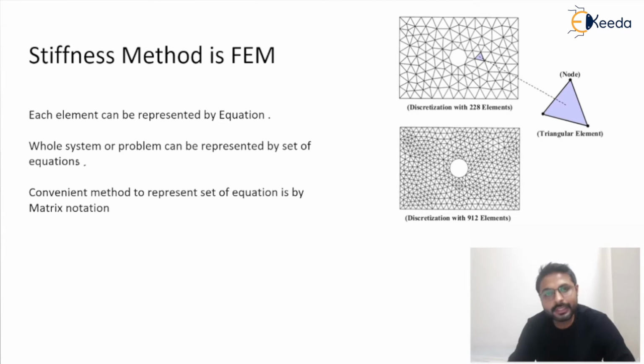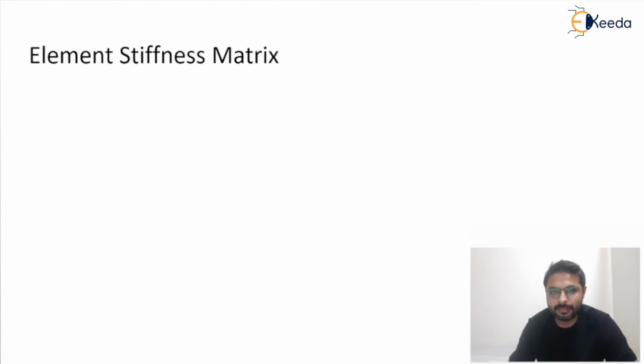Various equations can be represented using matrices, and those can be easily solved mathematically. So what we do is we convert these element equations into matrix form, and that's why this method is known as the element stiffness matrix method.